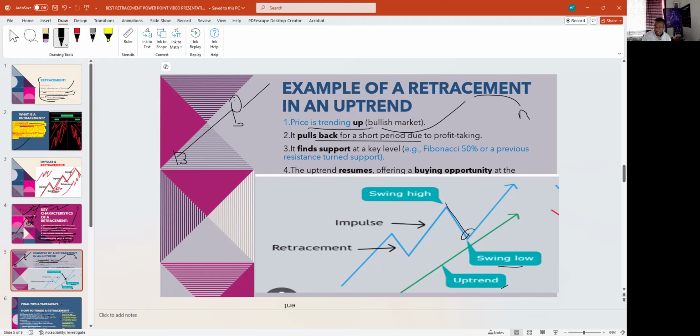So whenever it starts getting to a high level, people that have been trading just sell, they take profit, and then it traces back, and you have a chance yourself to buy, so it starts moving higher. So it finds support at the key level, Fibonacci, as I just told you, 50, or a previous resistance trend.